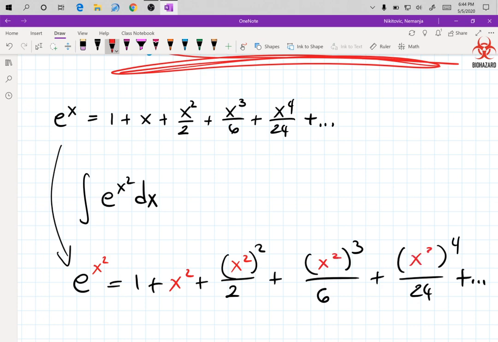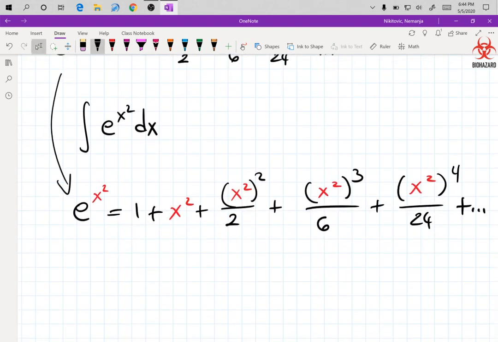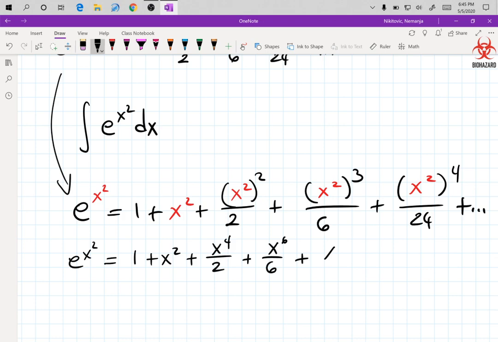If this over here was tangent x, then there would be a tangent x in each one of these, because it's just a simple function composition. Now, work out your algebra. 1 plus x squared plus x to the 4 over 2 plus x to the 6 over 6 plus x to the 8 over 24 plus ... forever.